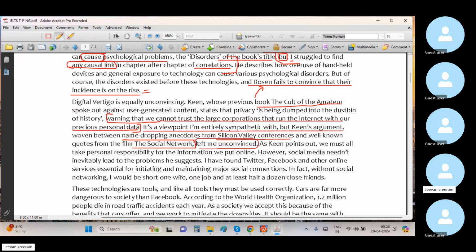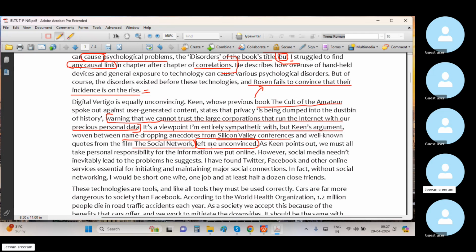Yes, sir. Who was unconvinced? The author, sir. The author felt unconvinced about the things mentioned by Keen. Even the author was not in agreement with Keen's stuff.